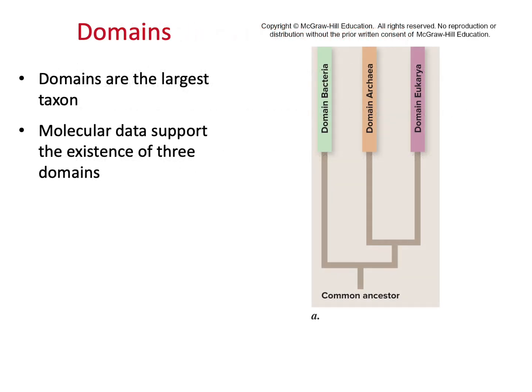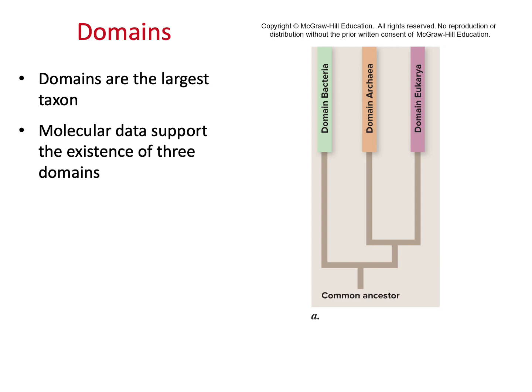So earlier I told you that beyond these 8 levels of hierarchical classification, we also have domains. The largest taxa are domains, and they are based on molecular data, and there are 3 main domains that we see today.